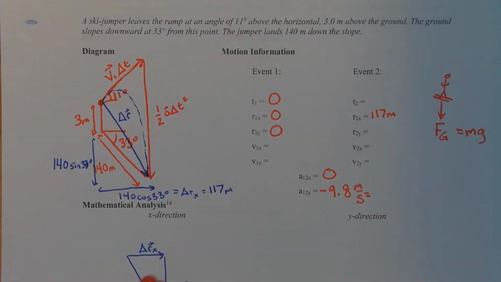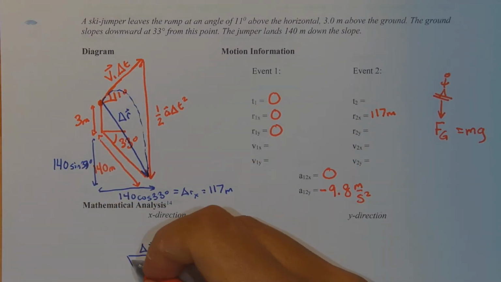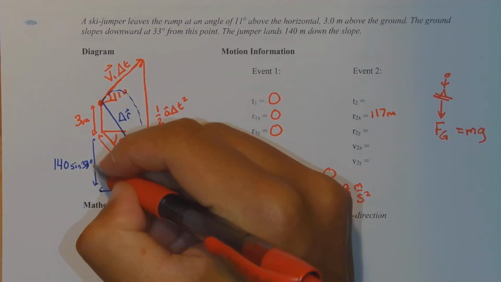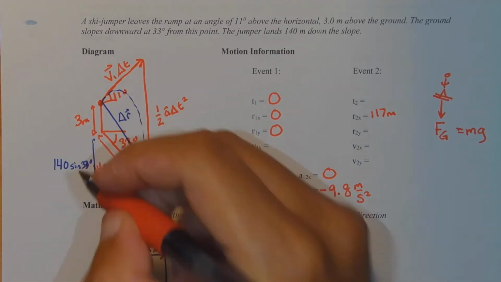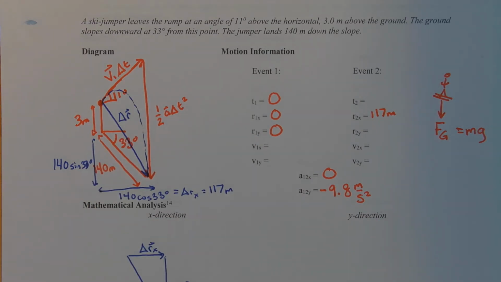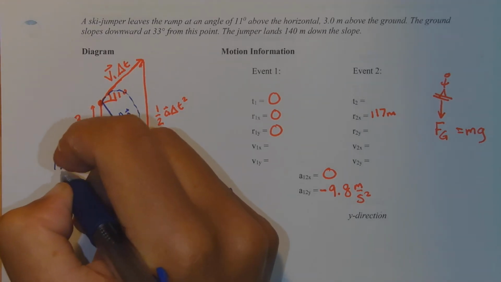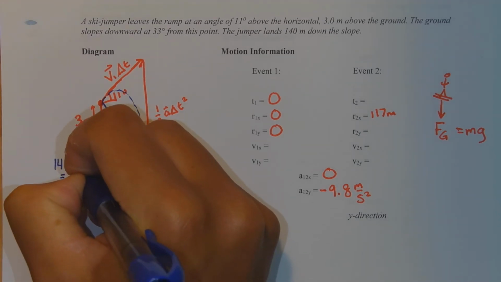And the delta Ry would just be, so delta Ry goes from here to here. That is from here to here. So that's the 3 meters plus 140 times sine of 33 degrees. This is 76.2 meters.